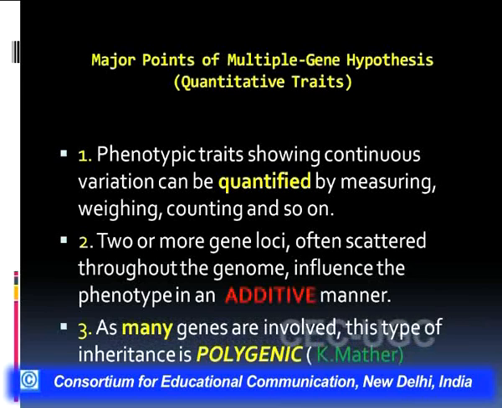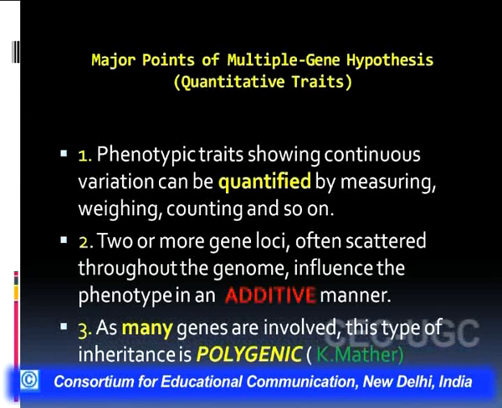So, how do we define polygenic inheritance? Number 1, this is a quantitative inheritance. Here the gene loci are adding their intensities or their actions. So, the influence on the phenotype is going to be in an additive manner.